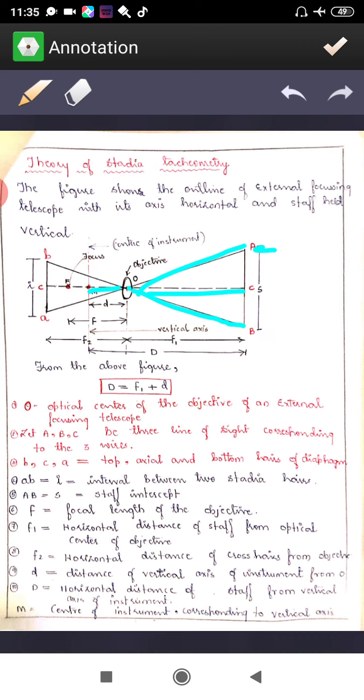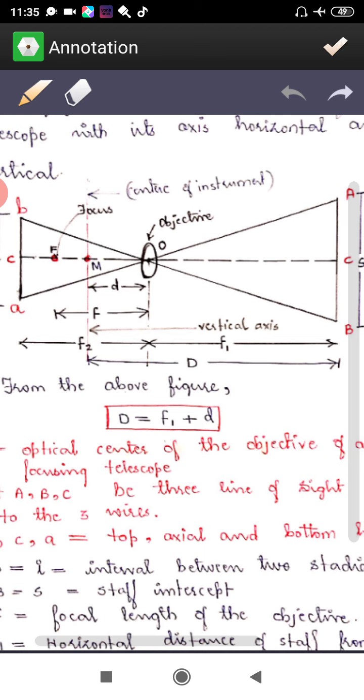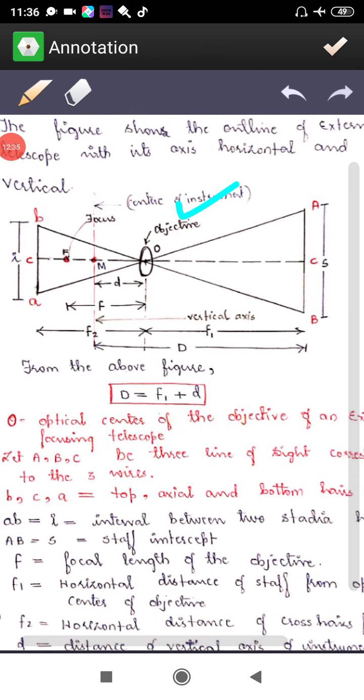Then a few more things that you have to understand based on this figure. As I said, O is the optical center, M is the instrument center, F is the focal point here. Then you will be having a reverse image here, B going upside and A going downside, and the distance between the reverse image, B and A, is I, the interval between the two stadia, whereas S is the staff intercept, the distance between upper stadia and lower stadia.